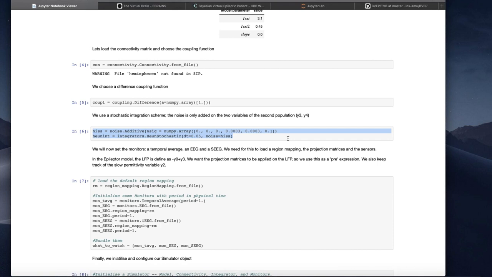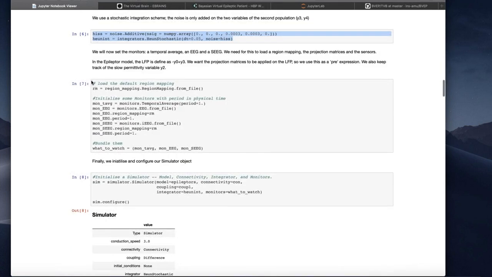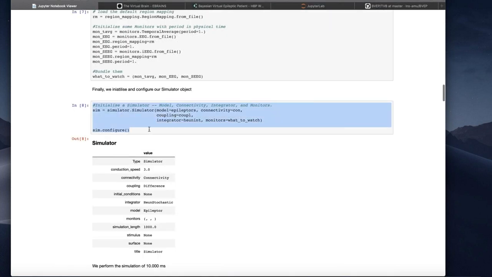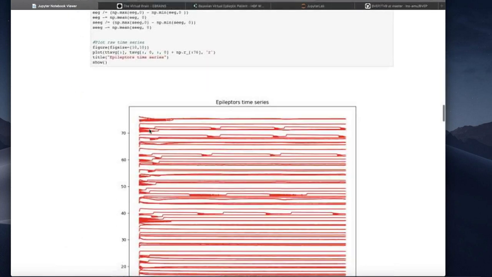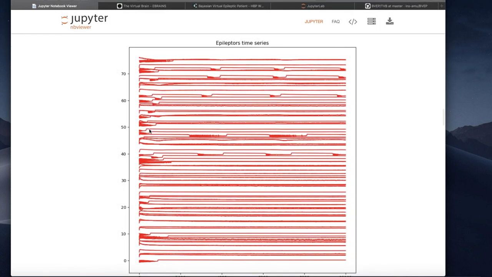Here you define the integration scheme. You can choose which monitor you want to use. If you want to observe at the source level or at the sensor level, you launch your simulations, and then you can observe the time series.